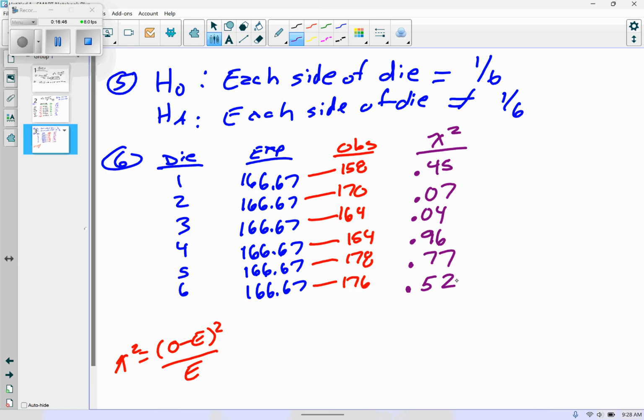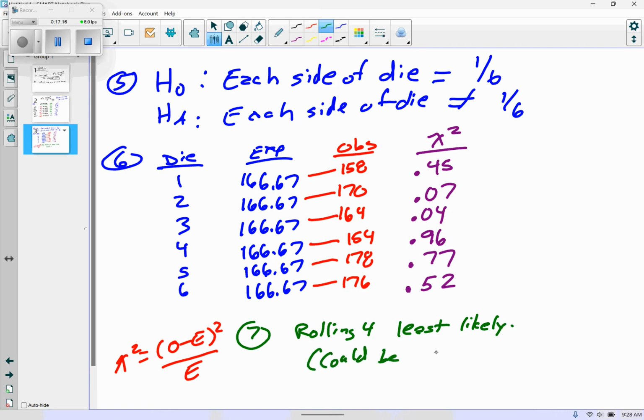But that's what it means in context for 7. Then it says find the total value of all the chi-squared values. The moment you've all been waiting for, when we add up all the chi-squared values. So number 7 is rolling a 4, least likely, could be just that it was a chance that happened. Now we have to add up all our stuff.